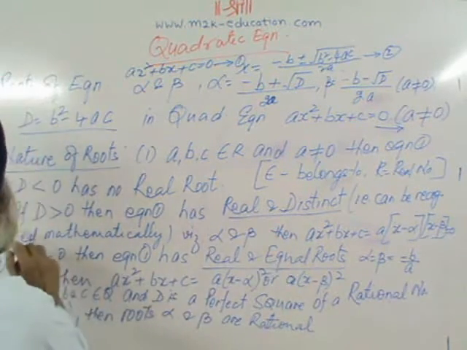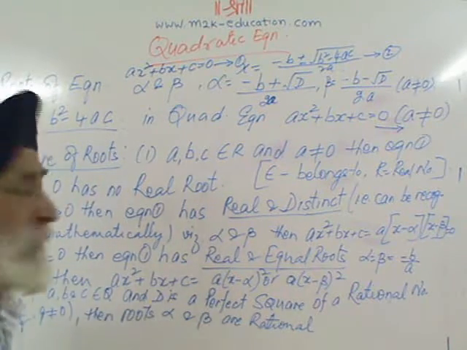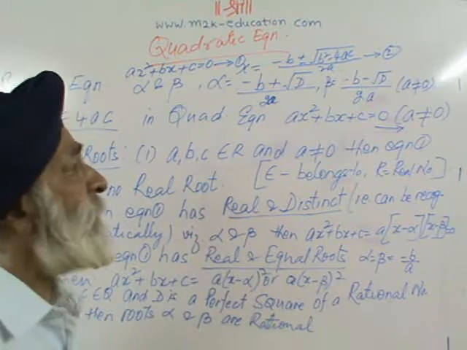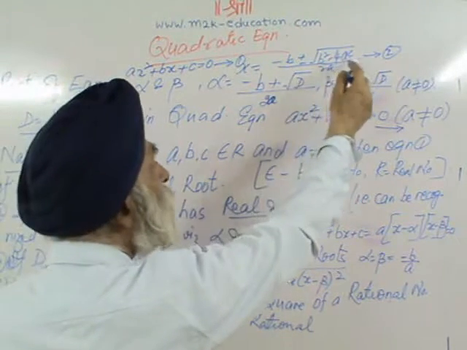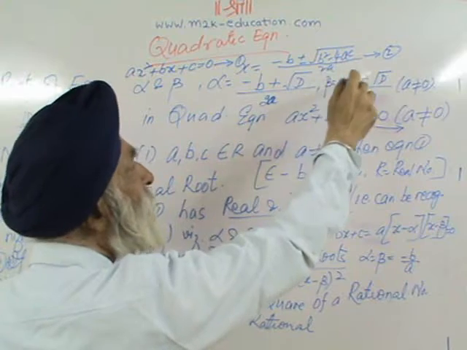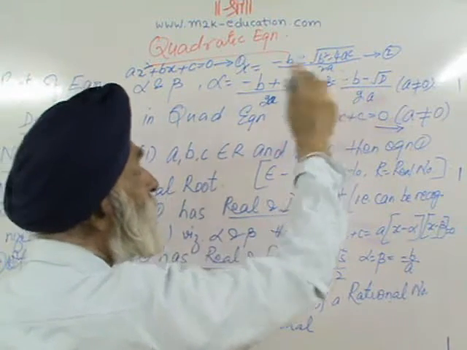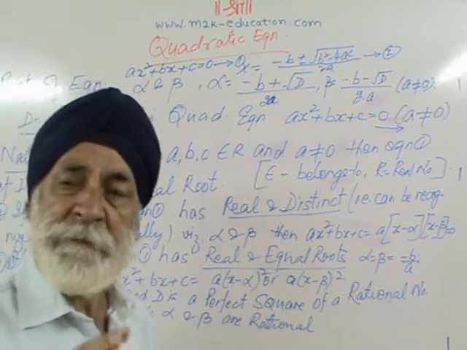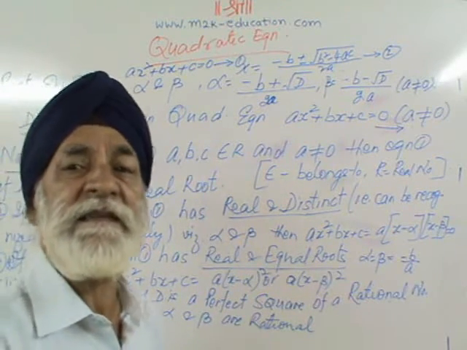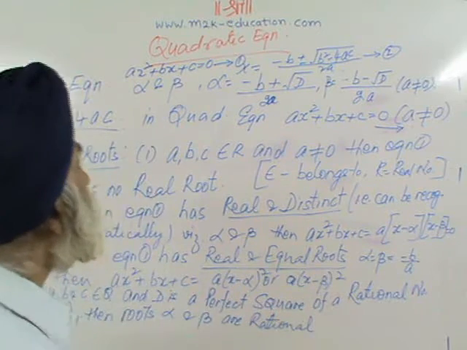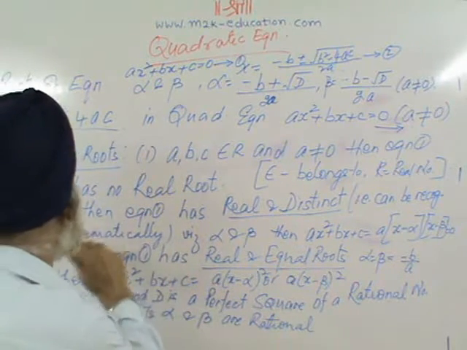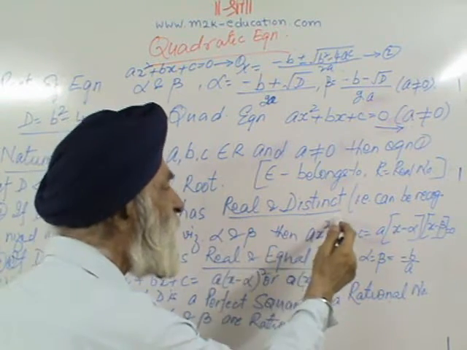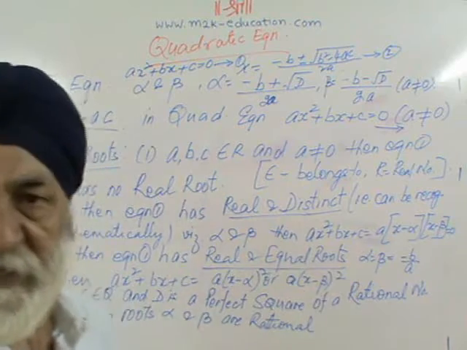So second thing is, when D is more than 0, then equation 1 has real roots. Because square roots and cube roots of positive values can definitely be found out, but the square root of a negative value cannot be found in real form. So we say when D is more than 0, equation 1 has real and distinct roots. What is the meaning of distinct?